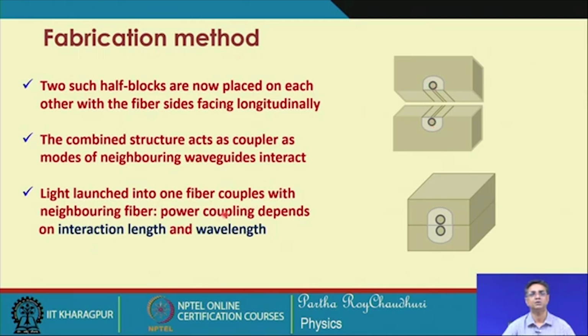So, light launched into one fiber couples with the neighboring fiber. Power coupling depends on the interaction length and the wavelength. So, these are the two important things about an optical coupler: the length of interaction over which the system interacts, and also the wavelength. It is the wavelength that decides the strength of coupling.